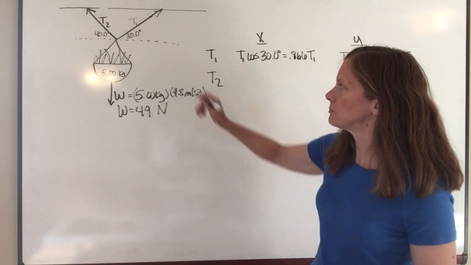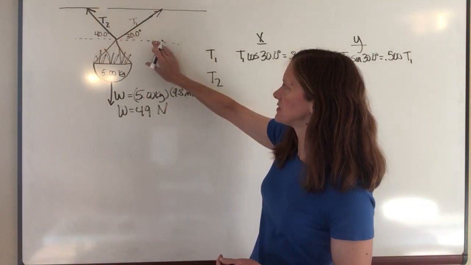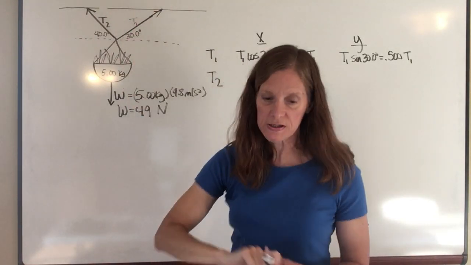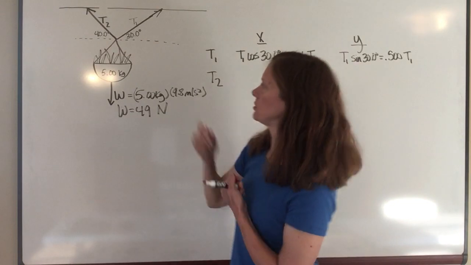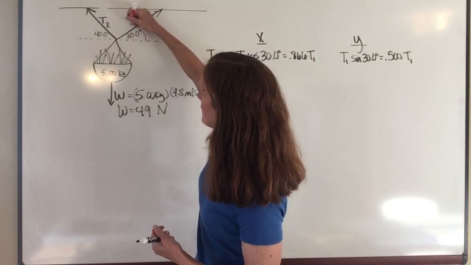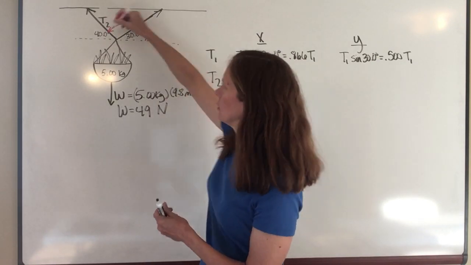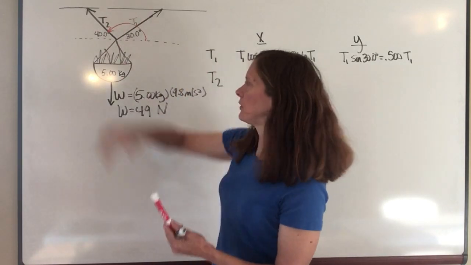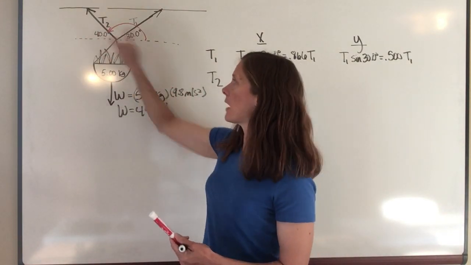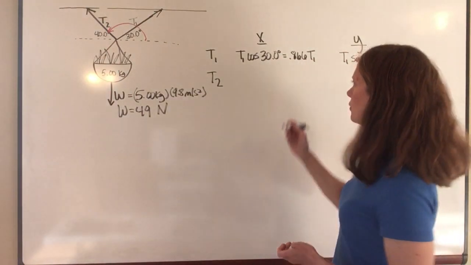Now again, if I'm looking at defining this angle from the positive x-axis, I have to start from here and go around. So what I really need is to define the angle from here, so I need to know what that angle is from here to here. Well, if this is 40 degrees from the horizontal, that means 180 minus 40 is going to be 140 for the remaining part of that angle.